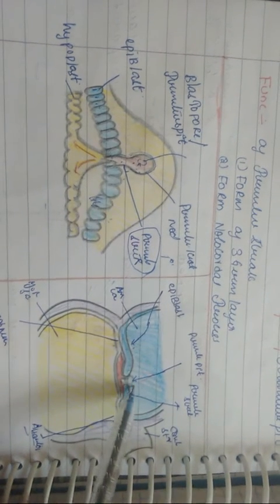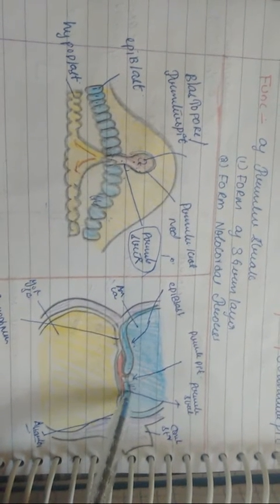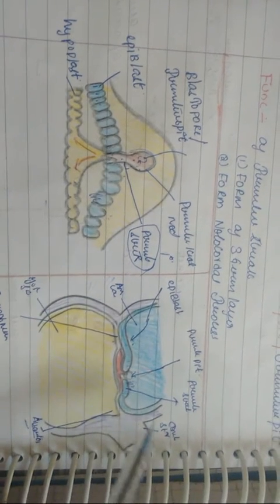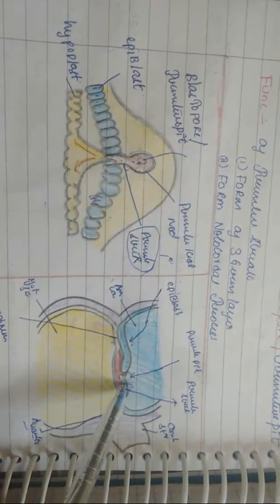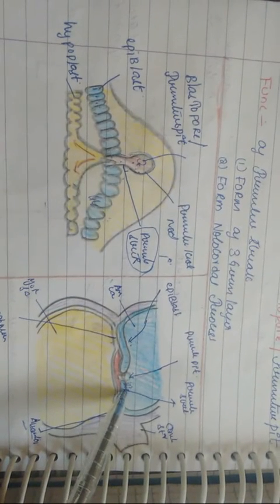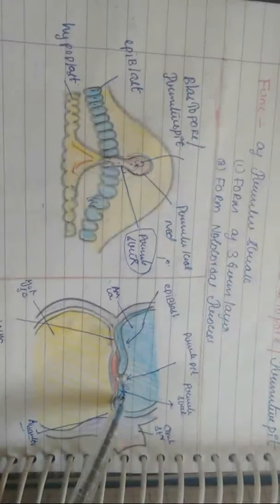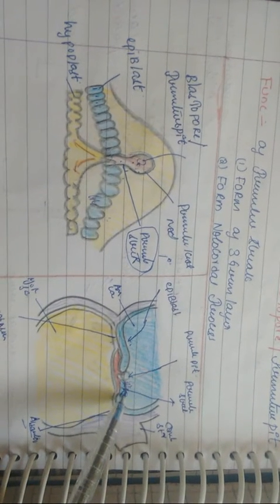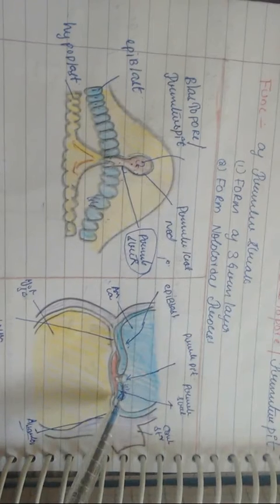You can see the rapid growth of the epiblast at the caudal end. That rapid growth forms an elevation in the amniotic cavity, and this elevation is called the primitive streak. You can see this elevation, this is called the primitive streak, right?